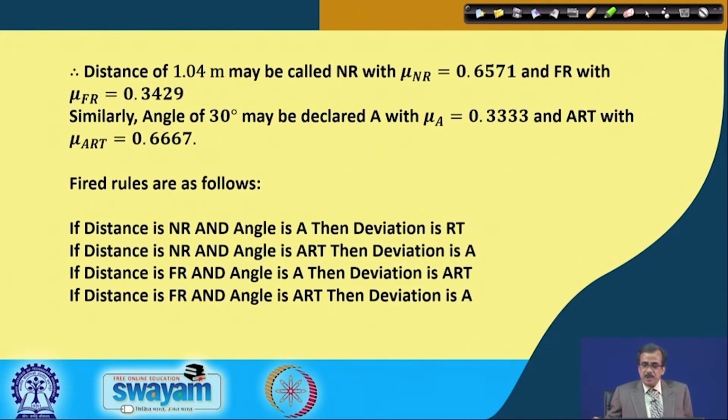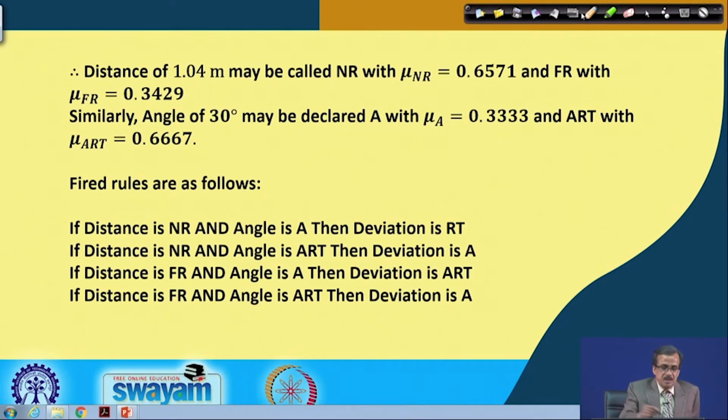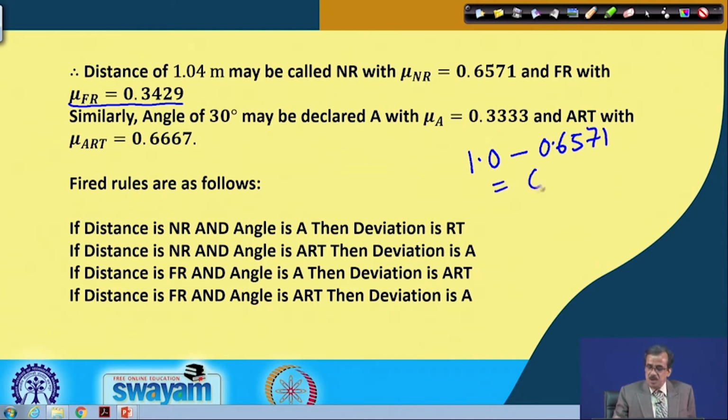Now, once you have got this mu n r, you can very easily find out what is mu f r. This mu f r is 1 minus mu n r, as this is the triangular membership function distribution, so it should be 1 minus 0.6571, and that is 0.3429. So, this 0.3429 is your mu f r.